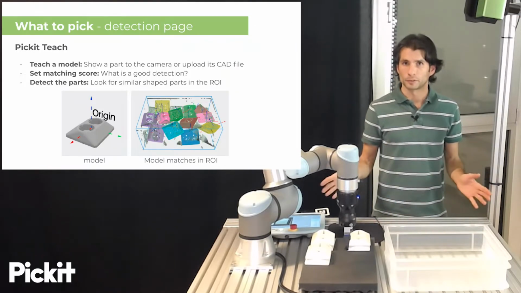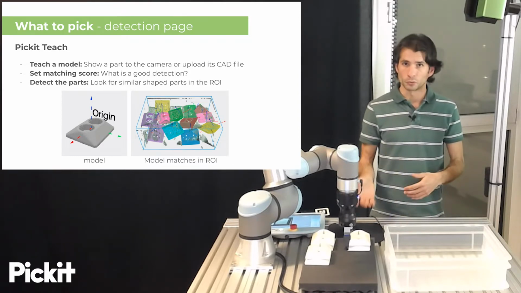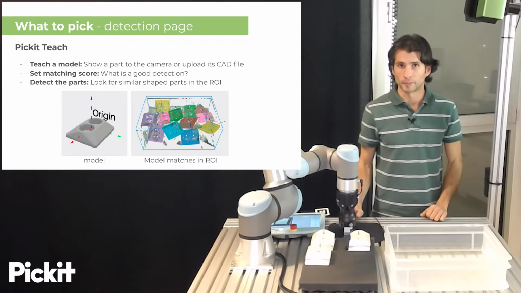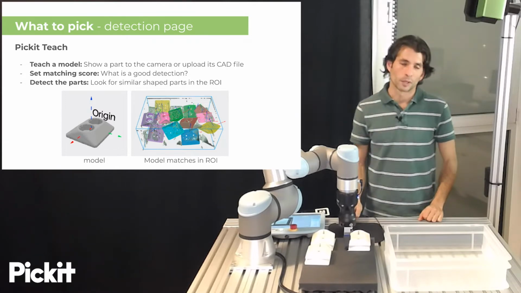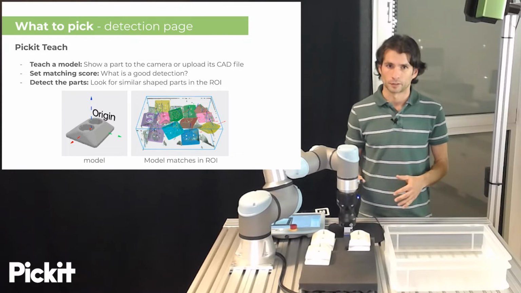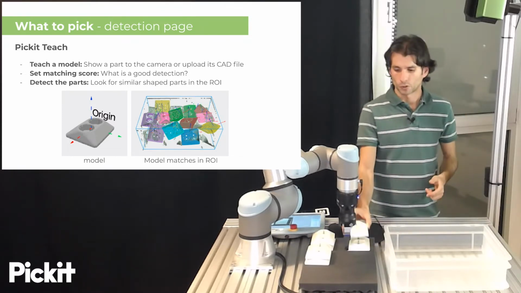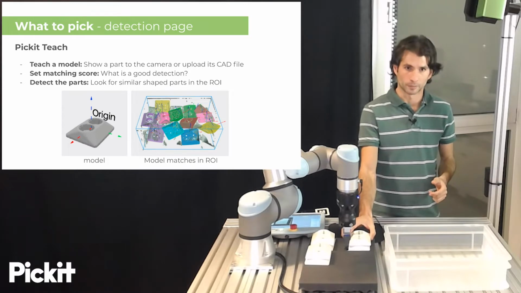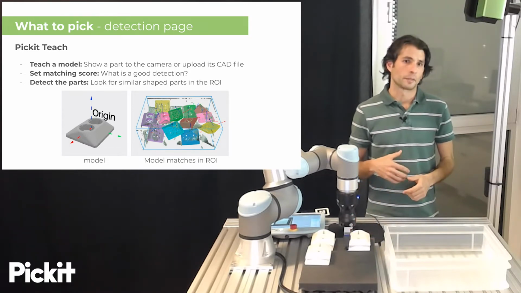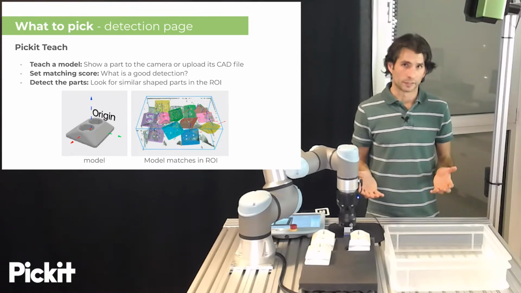Pickit has multiple detection engines, but the main one, the most commonly used, the most widely applicable is called Pickit Teach. The way Pickit Teach works is that you first teach a model of the part that you want to pick by either showing it to the camera or by uploading a CAD model of your part. You then set a matching score, which basically means what is a good enough detection.